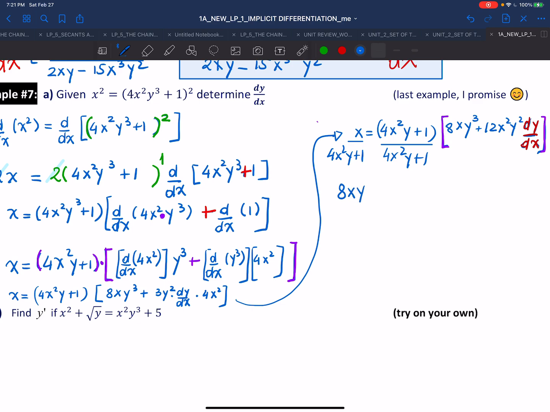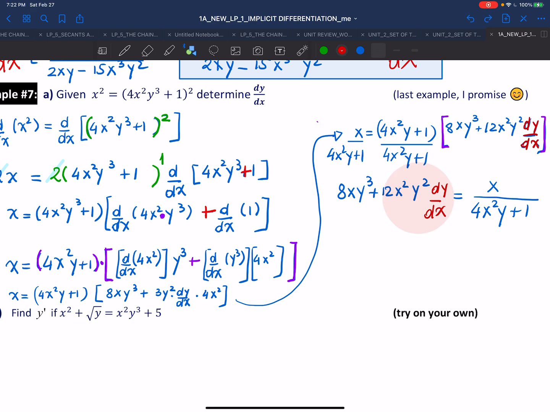8x y cubed plus 12x squared y squared dy dx equals x divided by 4x squared y cubed plus 1. Now again, remember that our variable, or the term that carries our variable, is right here.